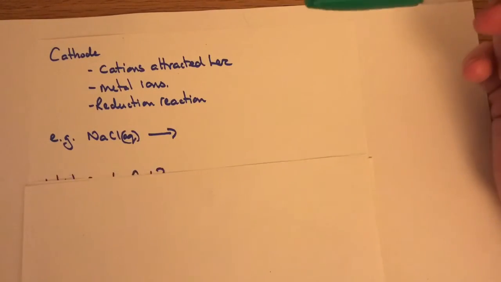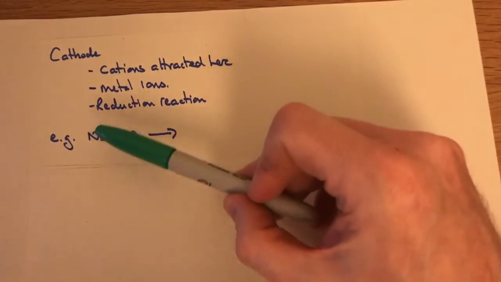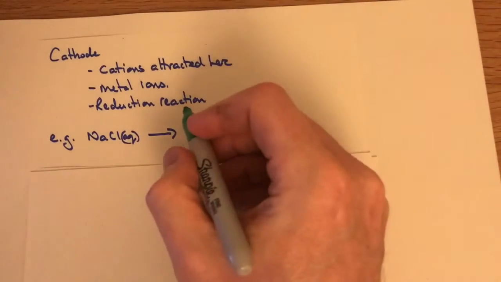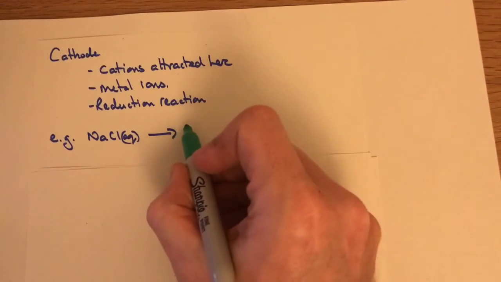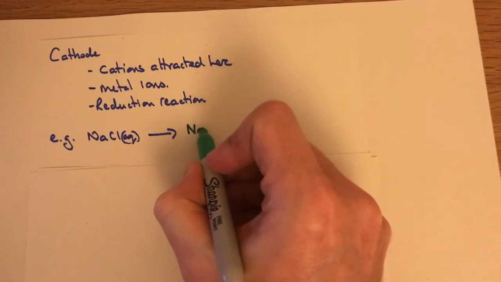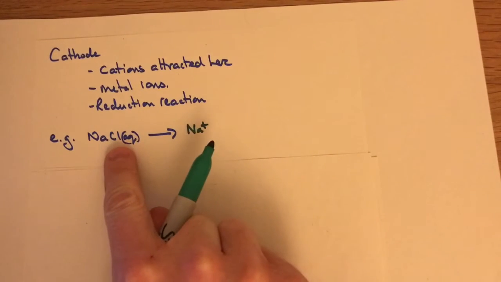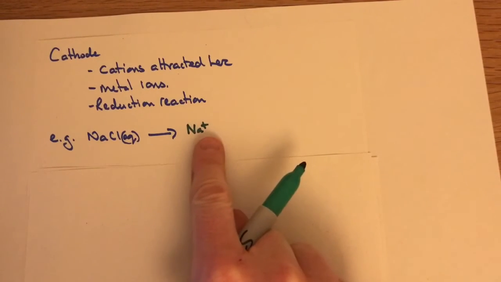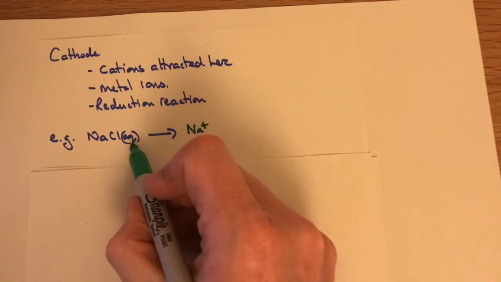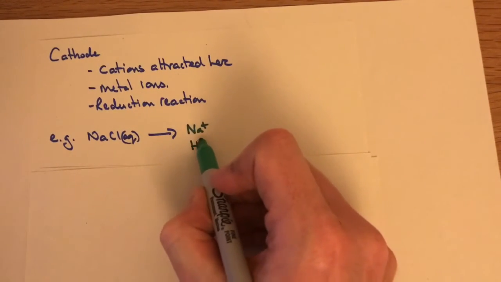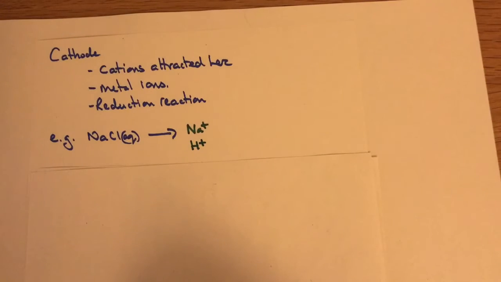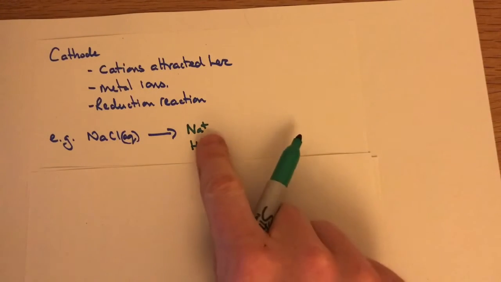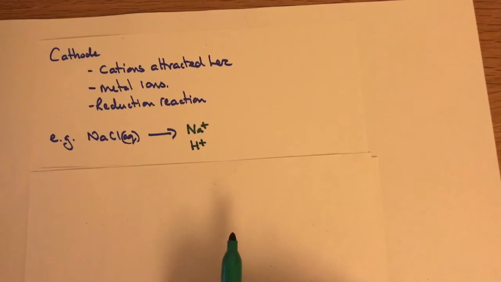For example, if we had a sodium chloride solution like we've just seen, and I look at the cations first of all, we will get sodium from the sodium chloride as the cation, and because it's aqueous we will get H+ from the water, H2O. So I will have two cations inside my solution.